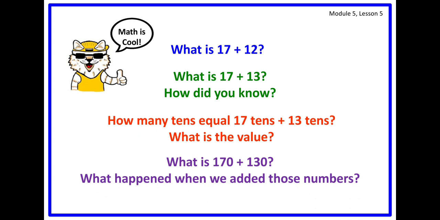When I added 70 tens plus 30 tens, I got 300. That is a multiple of 100. The same thing, 170 plus 130 is 300, a multiple of 100.